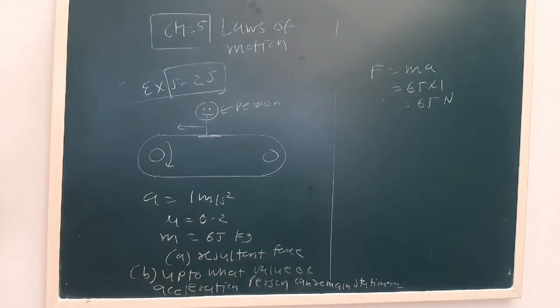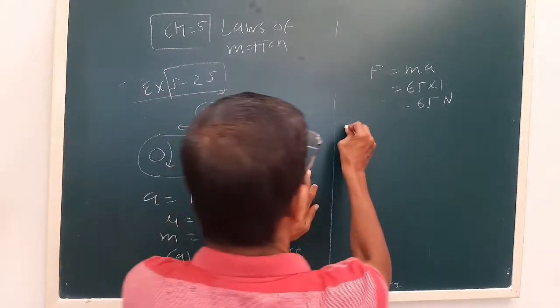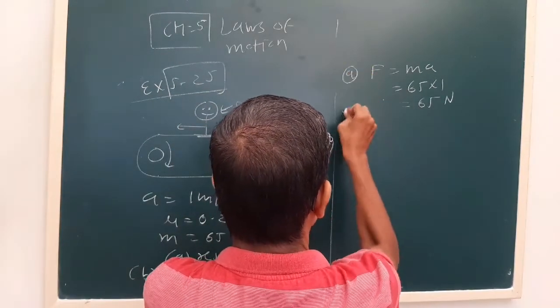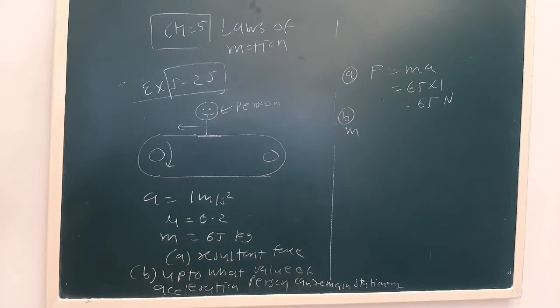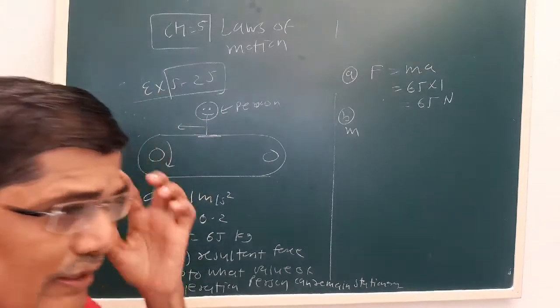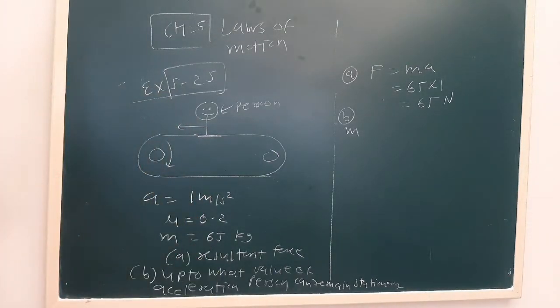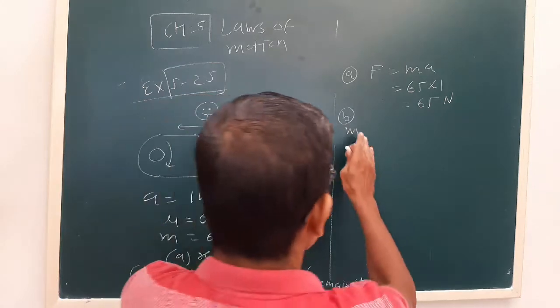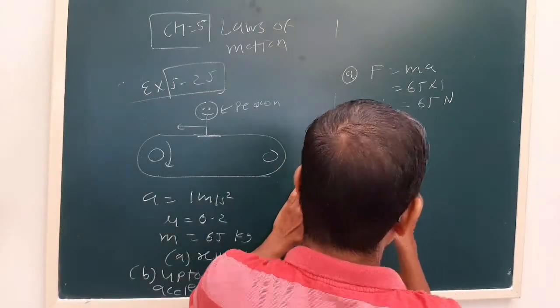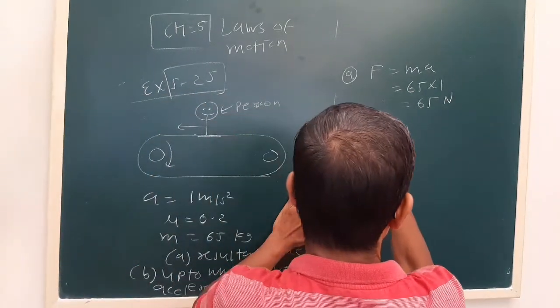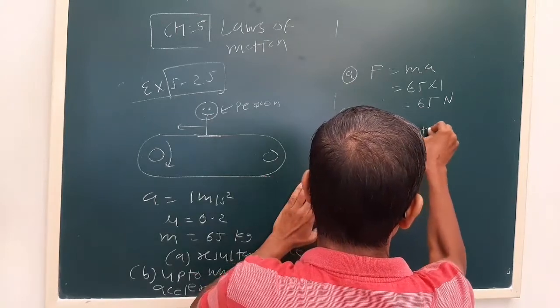This is the first part. So the second part of the question is this: up to what acceleration the person can remain stationary. Now see here, F is equal to ma, that is a force. That force should be equal to frictional force.